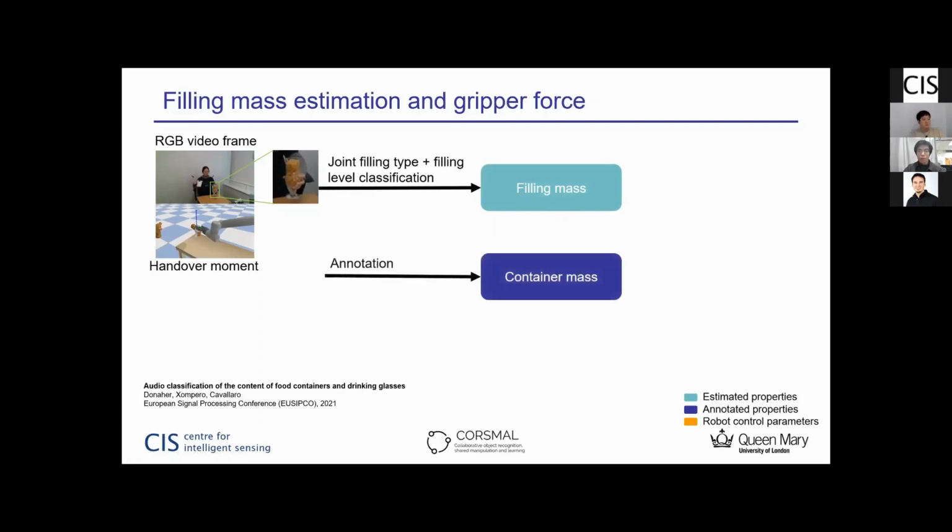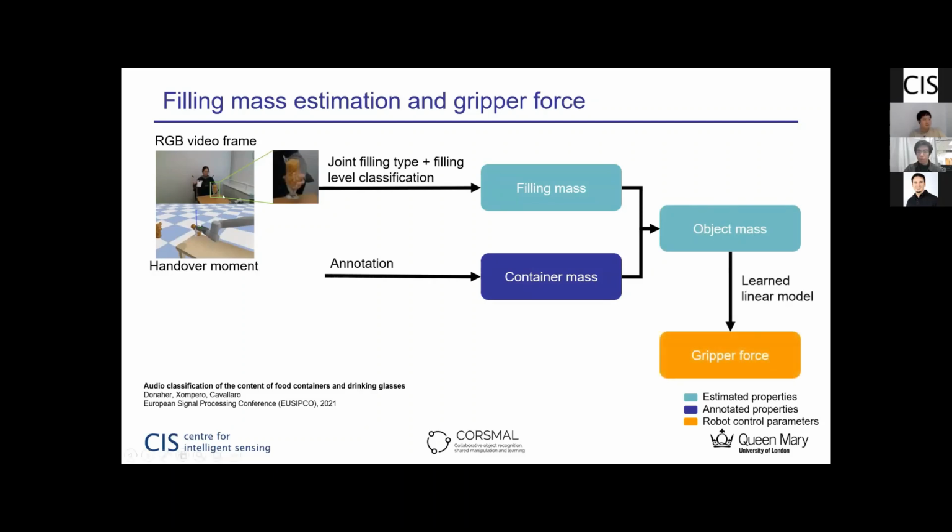We combine that with the annotated container mass to obtain the object mass. And we use a previously learned linear model to predict the grasping force required to hold and deliver the object. Other modalities such as audio can be used for containers that are opaque.